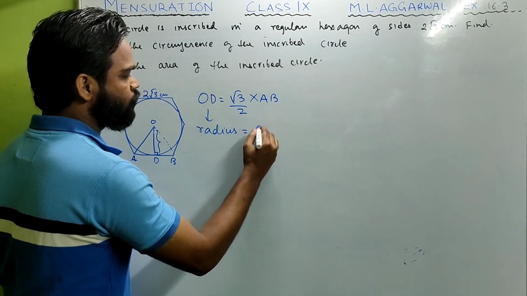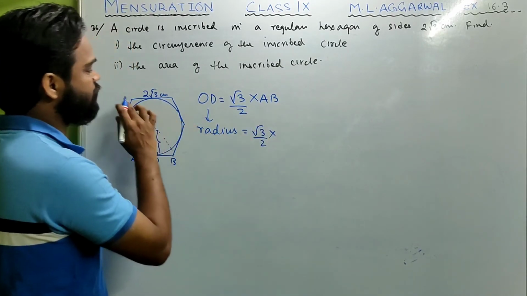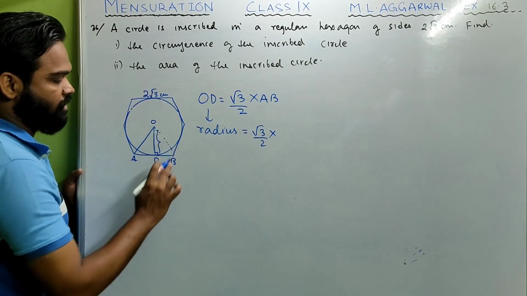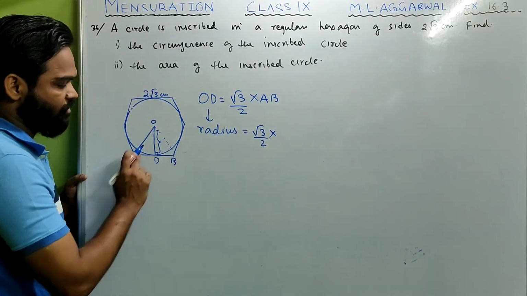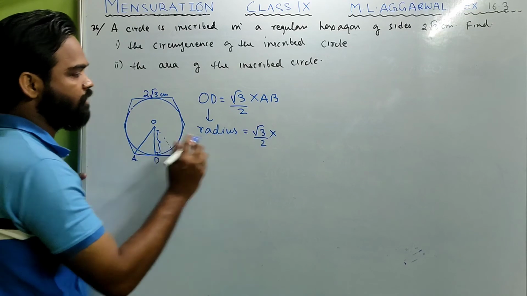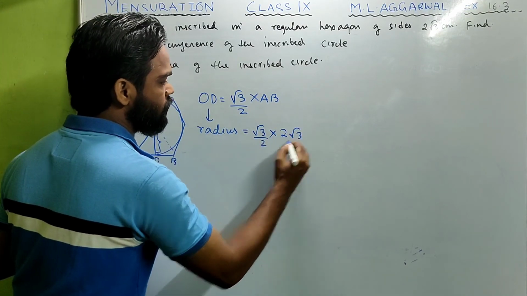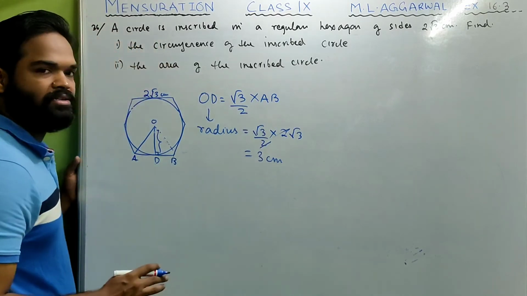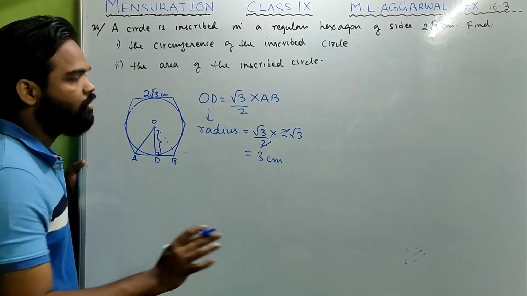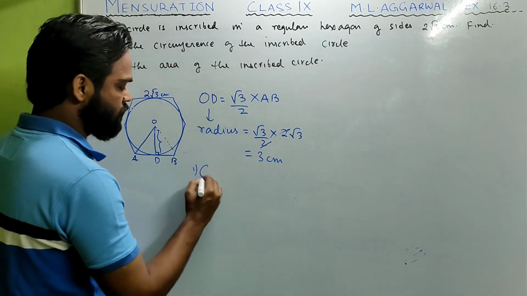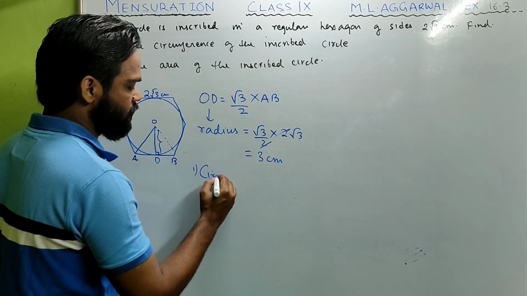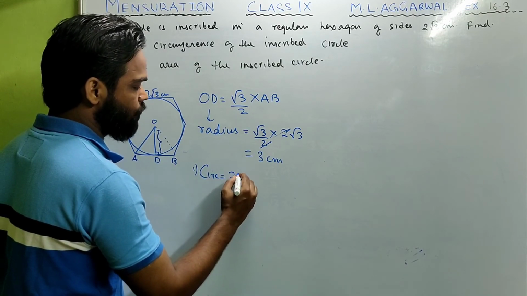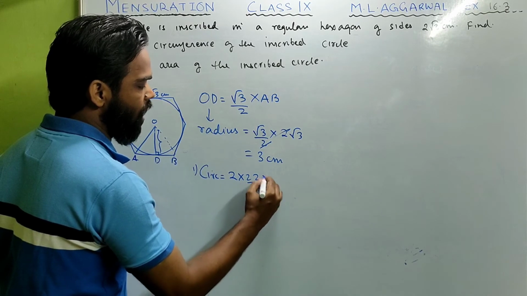So radius will be root 3 by 2, and the side of this hexagon, which is the side of the equilateral triangle I have drawn, AOB, is 2 root 3. So that's 3 centimeter. You got the radius of the inscribed circle. Once you get the radius, circumference is 2 pi r.